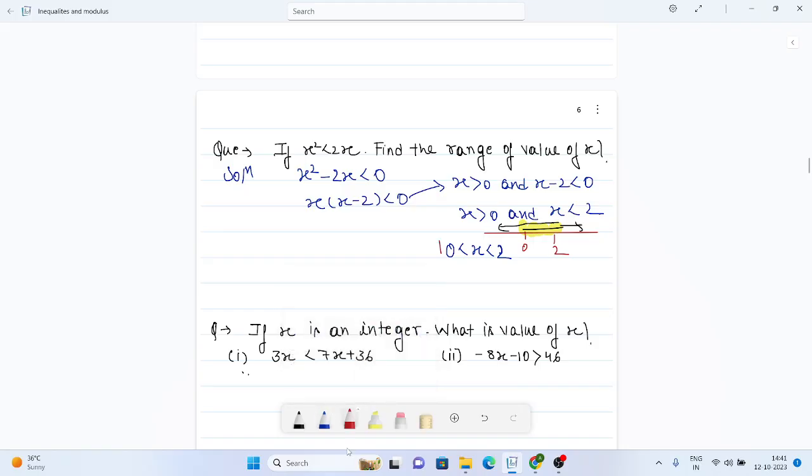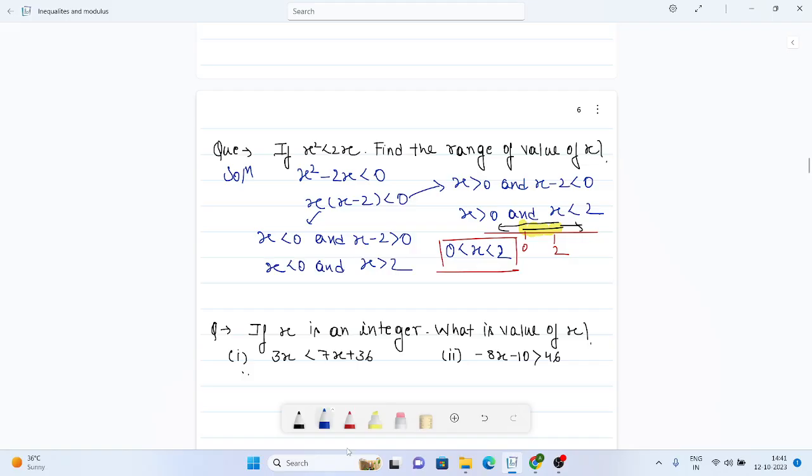In the second case, x is less than 0 and x minus 2 is greater than 0. So here I get x is greater than 2 and x is less than 0.